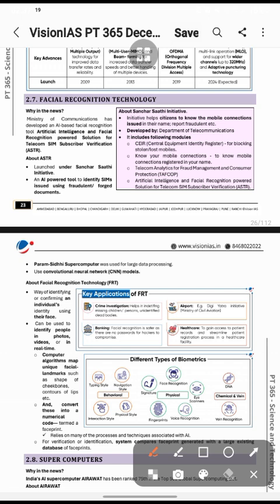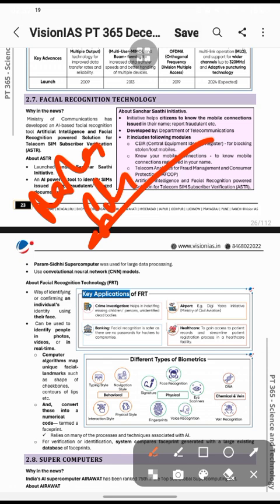So Param Siddhi supercomputer and Param Siddhi use a convolutional neural network. That is the way of identifying an individual using their face and photos, and the computer algorithm uses facial landmarks and converts them into numerical codes.